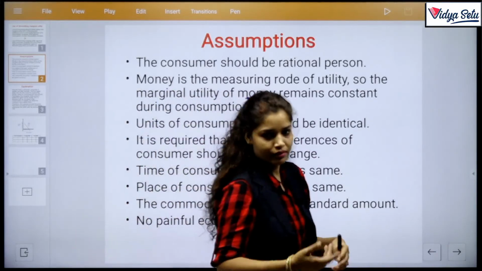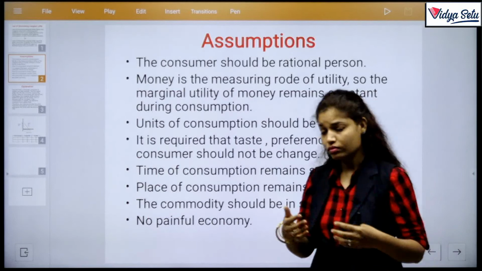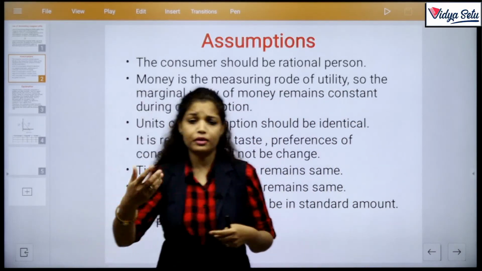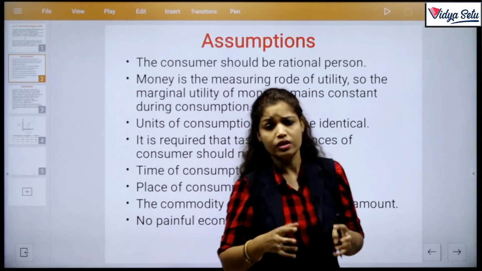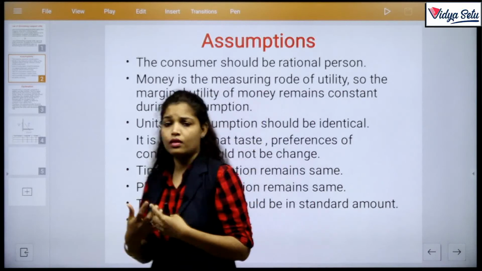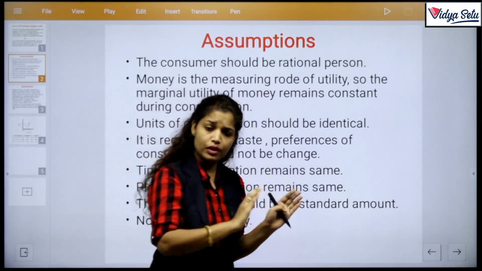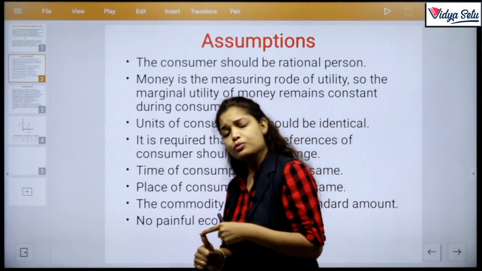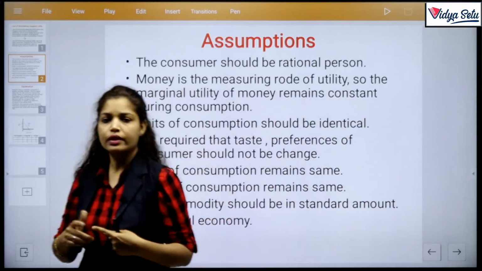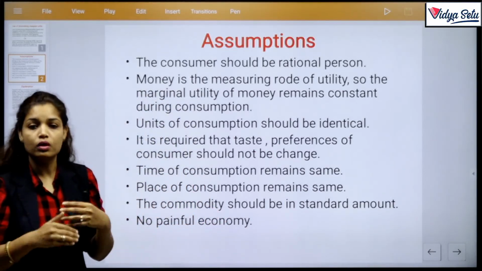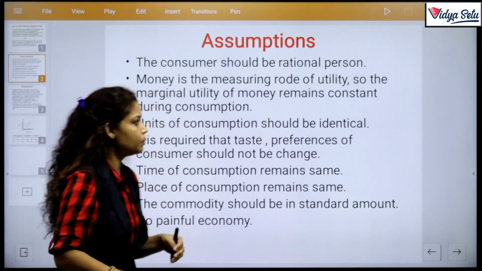Like on Valentine's, if I don't know about the hobbies, likes and dislikes of my friend, then I will purchase the commodity which is at a high price, but if the same commodity is available at a lower price, then I don't know. So, the first assumption is an exception also. It is not necessary that the consumer always performs like a rational person.